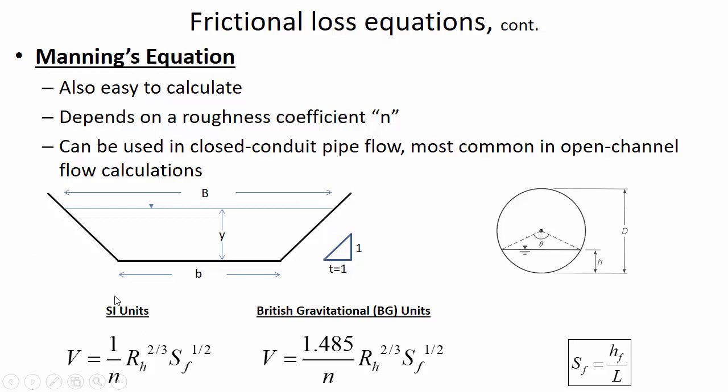In a circular pipe that's flowing full, the hydraulic radius is the diameter divided by 4, but in a trapezoidal channel or a rectangular channel, you're not going to use that same equation. So you'd actually have to use area divided by wetted perimeter to find the hydraulic radius. You also couldn't use d divided by 4 here.